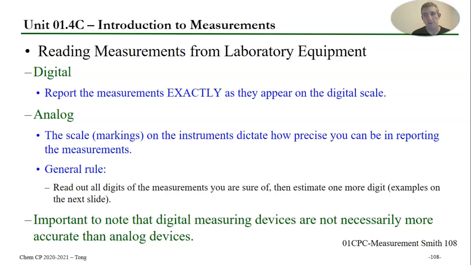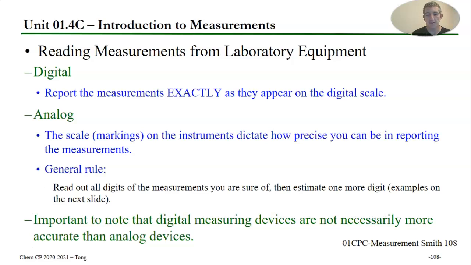The digital realm is obviously a bit more modern. You can report those exactly as they appear on the digital scale. So whatever digital numbers are there are the numbers you can write down on a lab sheet. Now the analog takes a bit more work and effort. Not only do you not get a readout for it, you have to guesstimate precisely what the value is.